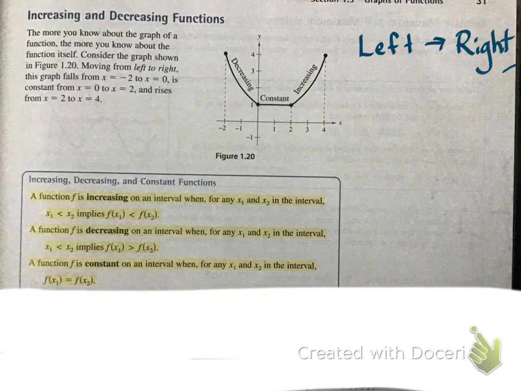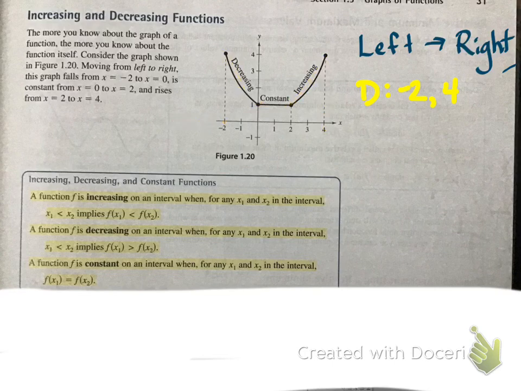So as you look at this function right here, let me just do its domain real quickly, just so we can practice that. The domain, the smallest x value from left to right is -2. And so I've got a -2, and then that's as far as we go, and that's an x value of 4. So my domain is -2 to 4.